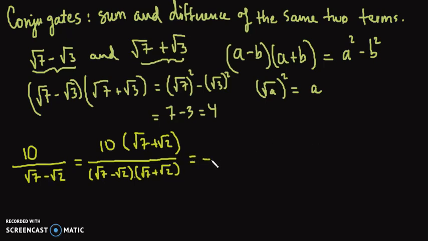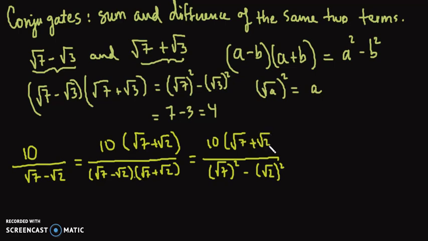So let's look at the denominator first. In this case, it's exactly the same as the previous example. You would have square root of 7 squared minus square root of 2 squared, and on top you would have 10 times square root of 7 plus square root of 2.